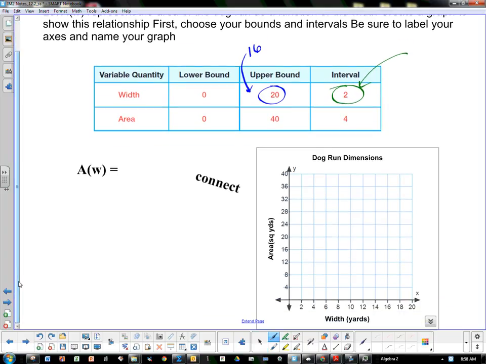This is the tough part, and there is something underneath here. It is the function A of w. But please tell me, guys, the area in terms of w, do you agree that we find area by using length times width? Yes?